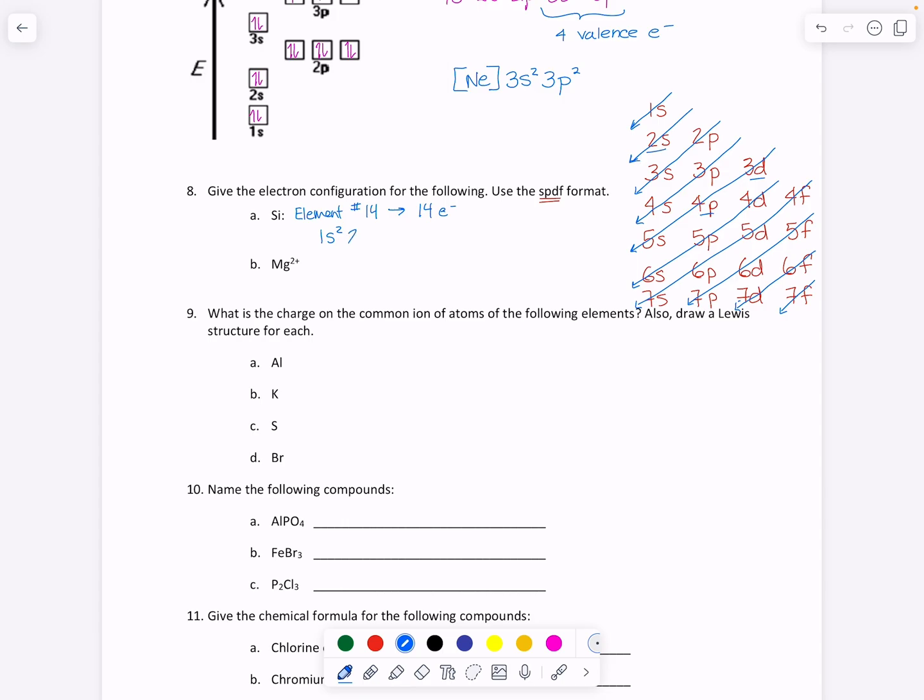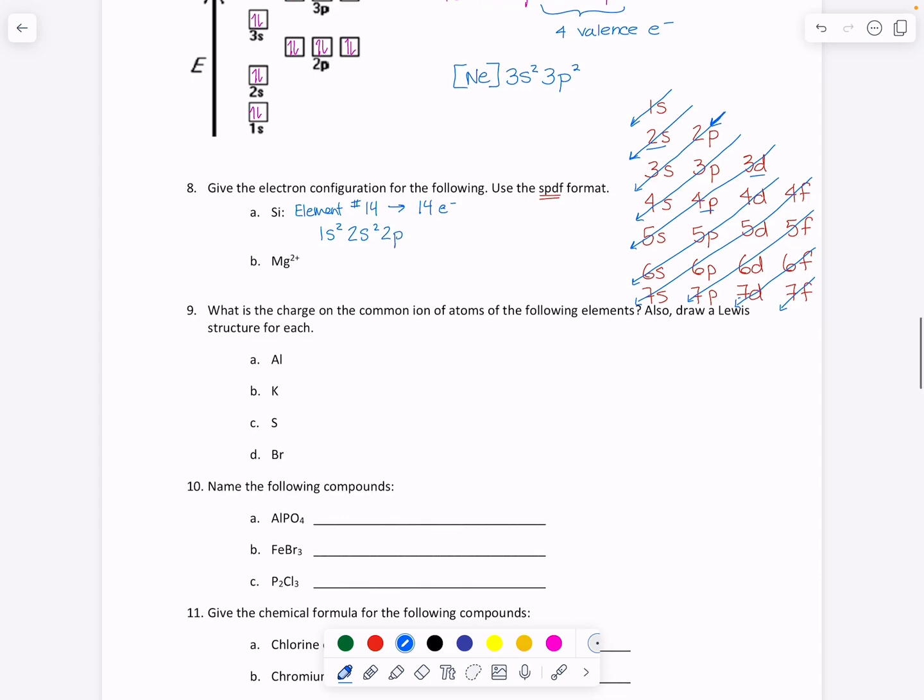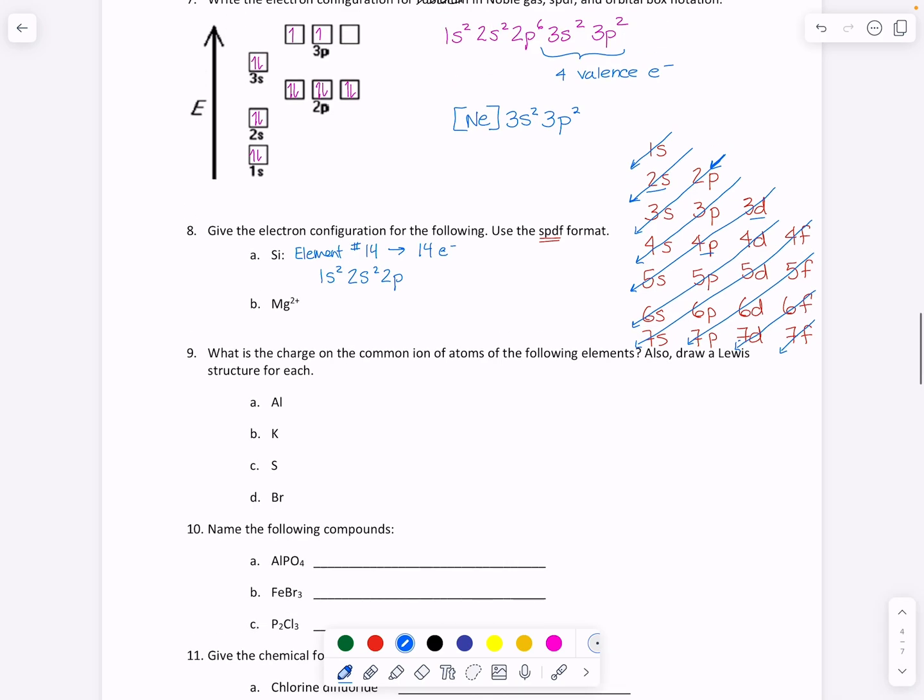So 2s2, right? So that's 4 electrons, so we need to place 10 more. The next orbital that comes up is our 2p. And the p orbitals, we have 3 individual p orbitals, each of which can hold 2 electrons. So we can have 6 electrons in the p's. So that gets us to 10, so we need to place 4 more.